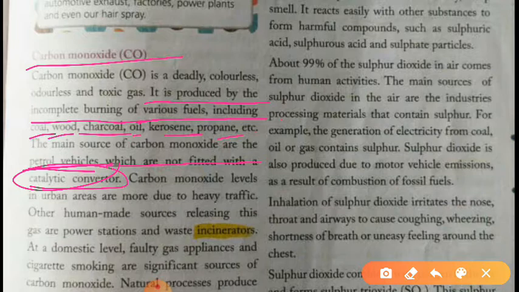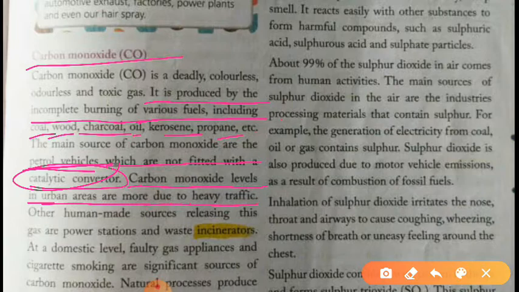What is this converter? It is a type of purifier which purifies the smoke coming out from the vehicle. Carbon monoxide levels in urban areas are higher due to heavy traffic.